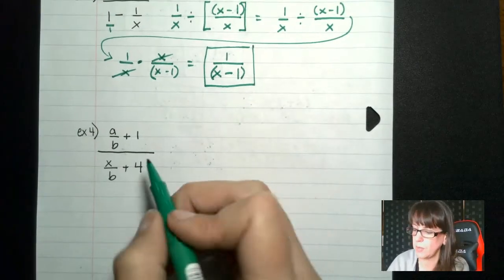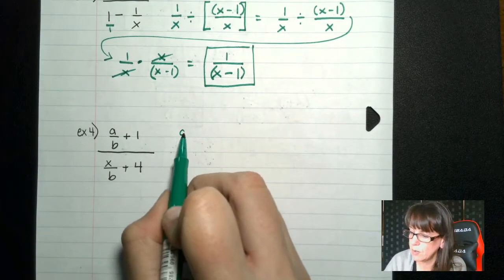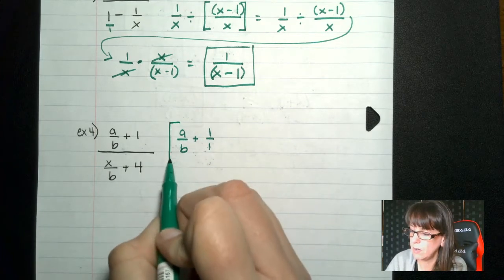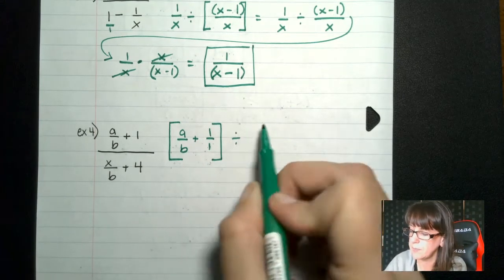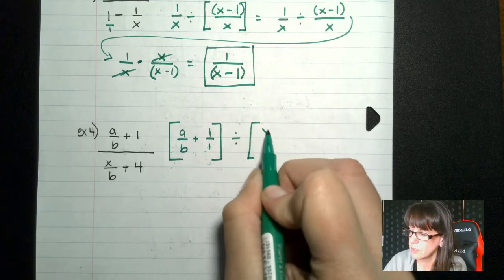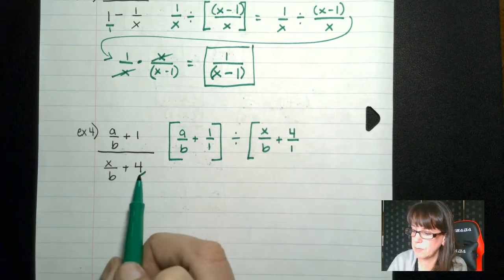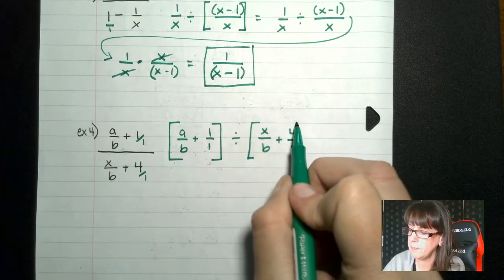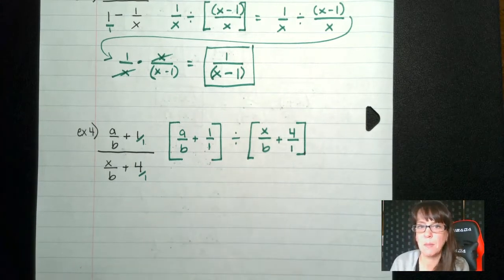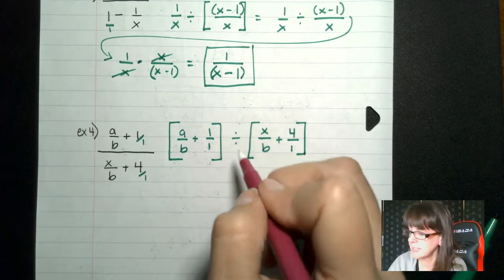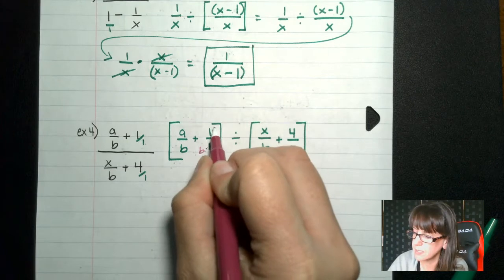Okay, let's look at this guy. We have a over b plus 1 over 1, all that garbage divided by x over b plus 4 over 1. Again, I'm just turning those into fractions by putting them over 1. Over here, my common denominator is b. So I need to multiply this guy times b, this times b.